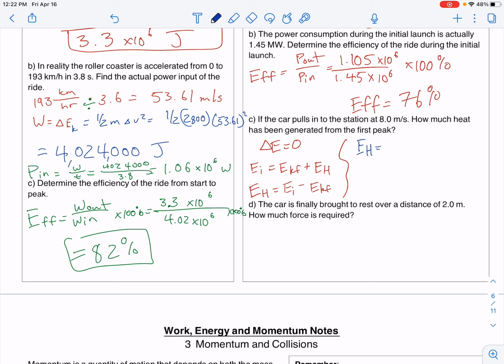Okay, so 2.2 times 10 to the 6th power minus my final kinetic, which is 1/2, mass is 9,500, velocity 8 squared.